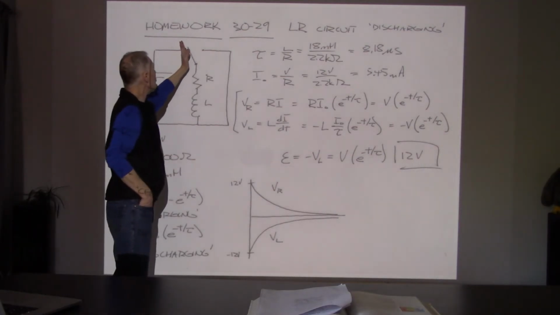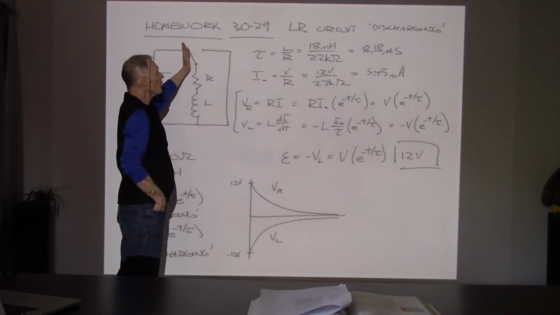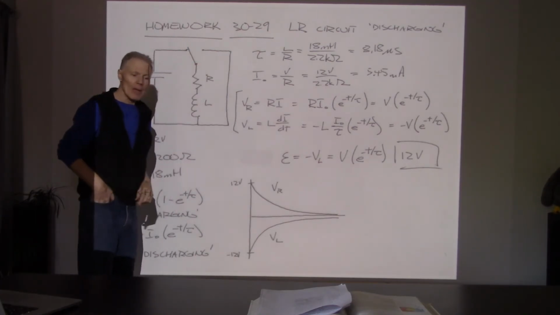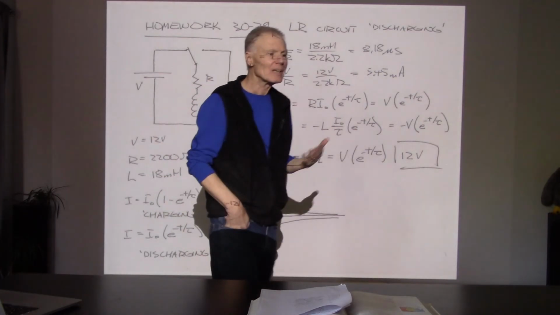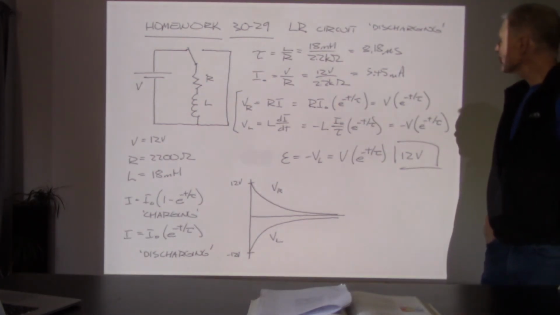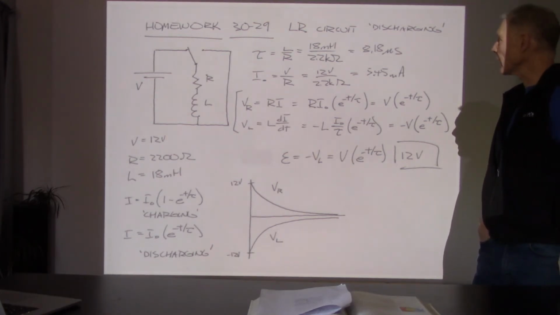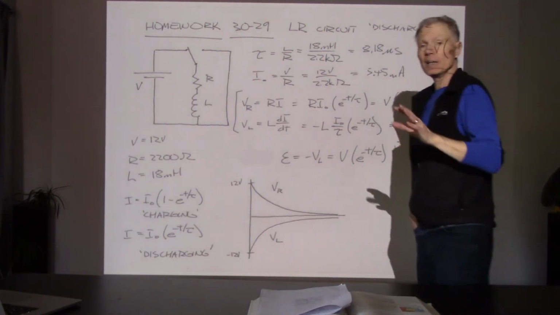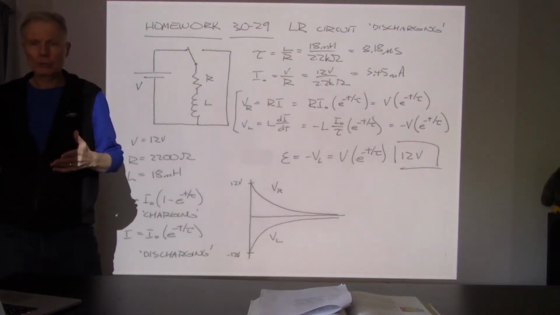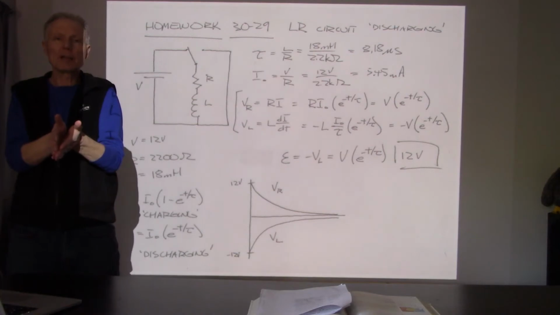Now, once everything's running at a nice steady 5.54 milliamps, we're going to move the switch to the other side. Now, this has to happen instantaneously. With inductors, it's a little idealized as to what's happening here. With capacitors, we could disconnect the capacitor, and the charge would stay on the plates.